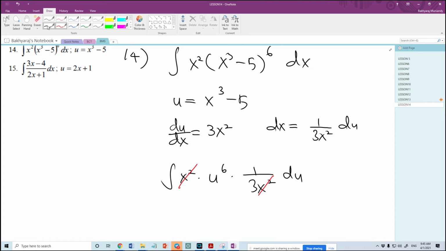Okay, and the last answer should be equal integrate 1 over 3, better I put front, 1 over 3 integrate u power of 6 du.